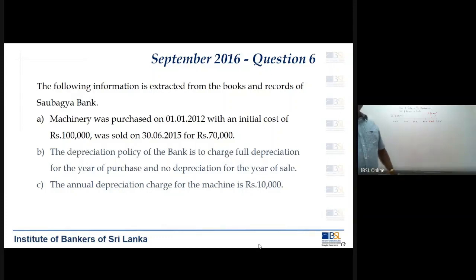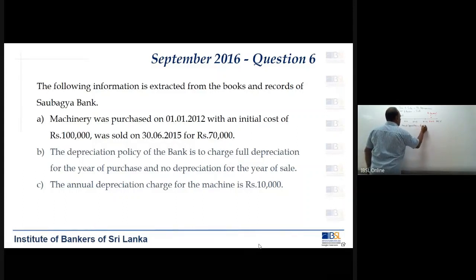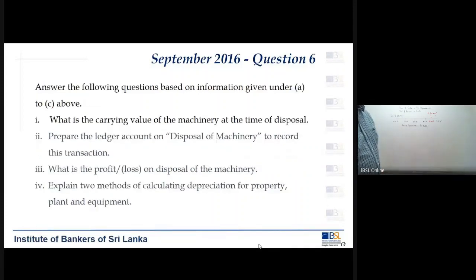And they also say the annual depreciation charge for the machine is rupees 10,000. Right. So let's look at the questions.